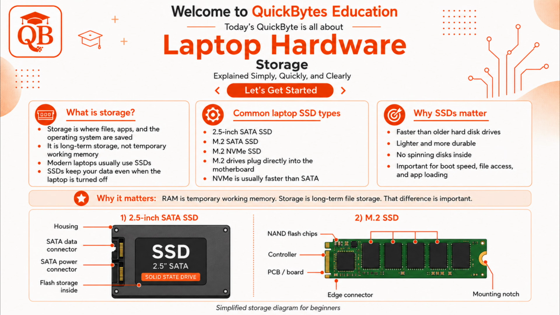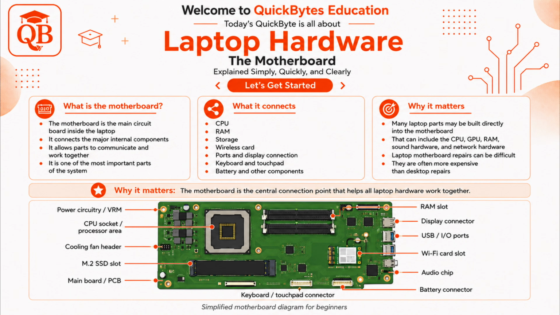M.2 drives look like small sticks of gum and plug directly into the motherboard. Some M.2 drives use SATA, while others use NVMe, which is usually faster. So, RAM is temporary working memory. Storage is long-term file storage. That difference is important.